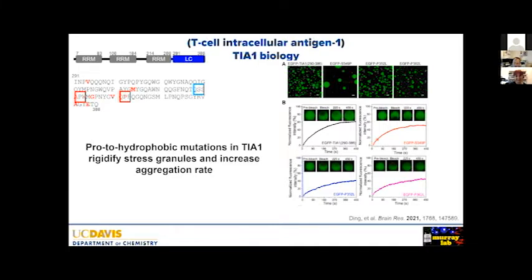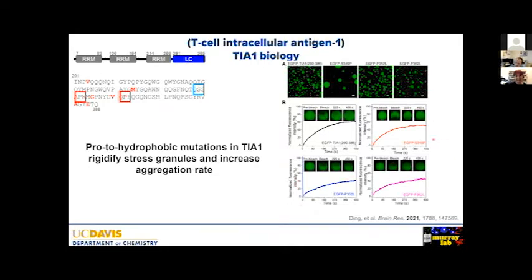So there's also other groups working on this problem, and they've been primarily focused on proline to hydrophobic mutations. So in addition to the clinical mutations I just discussed with you earlier, the idea that prolines could prevent pathological aggregation by disrupting secondary structure, and then converting those prolines into leucines could facilitate the formation of amyloid-like protein fibrils. This is just some of the data that they used to reinforce this hypothesis.